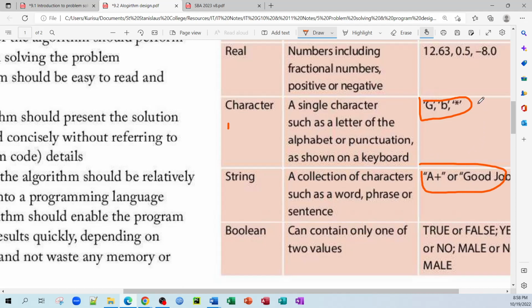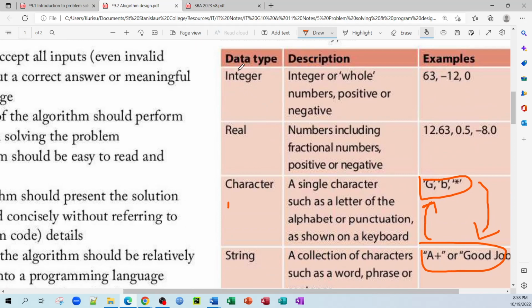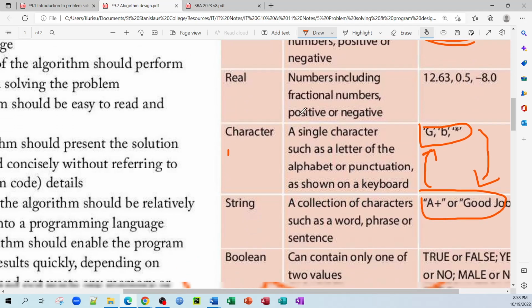So obviously, you could store the one into the many. But if at any point a variable has a string, then you can't store it inside a variable that has a character data type. It won't allow you to store that. So that's another error that can occur. That's why it's important for you to understand what the data type is and what type of data it is storing, so that you can look at those errors that can actually occur.